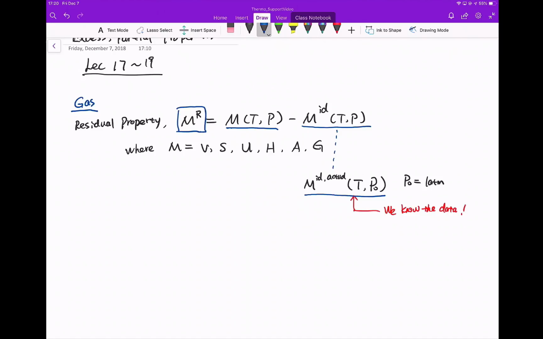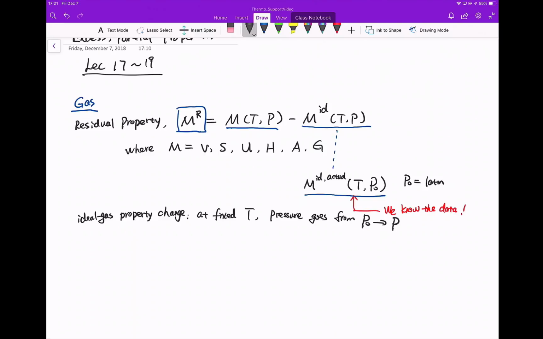So essentially we are looking at the ideal gas property change at fixed temperature T, where pressure goes from P0 to whatever high pressure you are interested in.